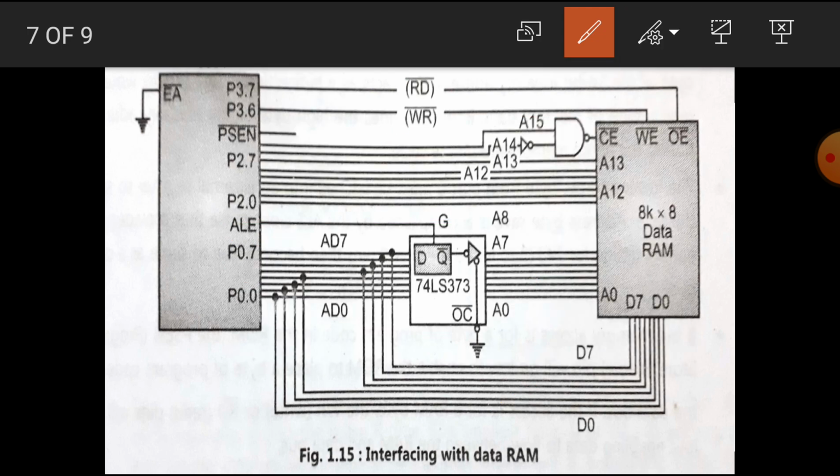Now the 5 address pins are given by port P2 and the remaining 3 pins A13, A14 and A15 are given to the chip enable pin by a NAND gate. In this case of interfacing, the PSEN pin is left unconnected. The EA pin must be connected to the ground.